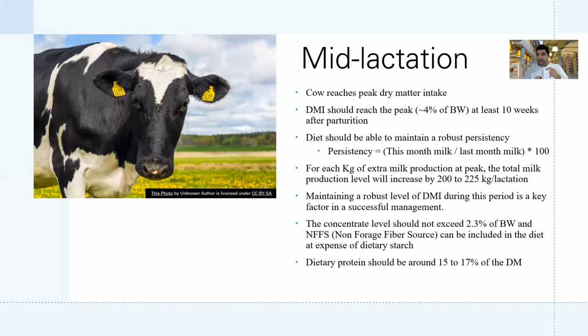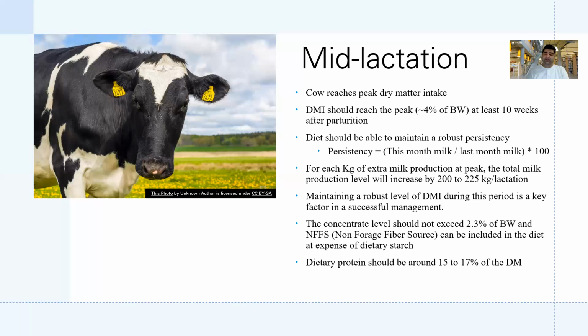If you can increase the peak milk production just by 1 kilogram, I mean, increase 47 to 48, it's not just that 1 kilogram during the peak production. In fact, your total milk production per lactation period is gonna increase by 200 to 225 kilograms. That's awesome. That's why one of our goals should be increasing peak production as much as possible.